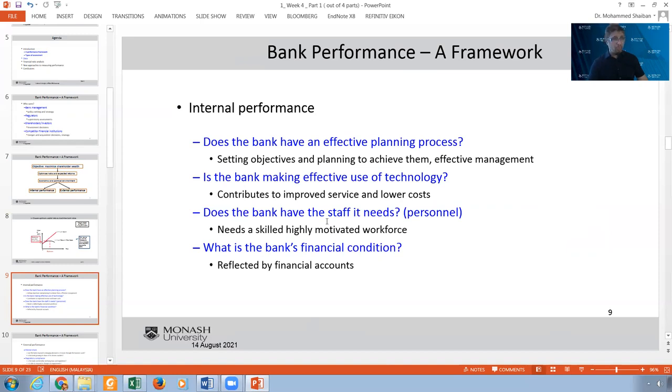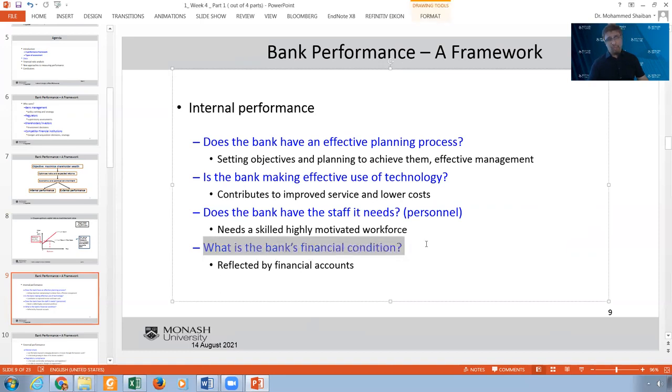And we want to know also how is the bank condition. So all of those, when we talk about performance, we usually think only about this: we go to the balance sheet, we take the numbers from the financial reports, and we start to analyze. And this is actually what we usually think of as performance.